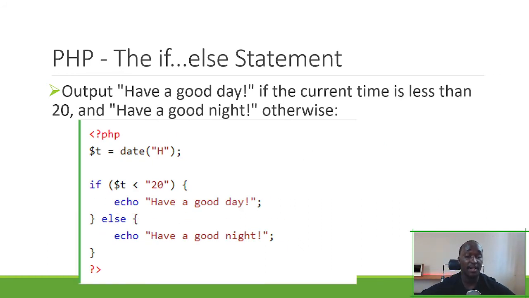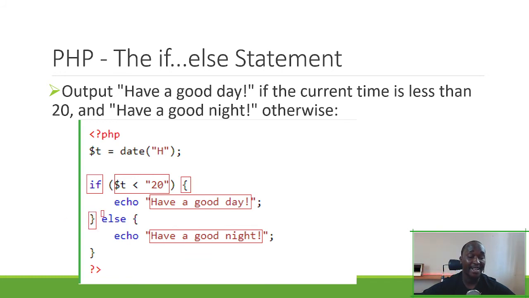The next one is if else. If else gives another option. If t is less than 20, we want to echo have a good day. But what if it's greater than 20? Then we want to print have a good night. That's how we do the else. We write if, then the condition, then an opening curly bracket, the statement, a closing curly bracket, then else, an opening curly bracket, the statement we want to execute, then a closing curly bracket.